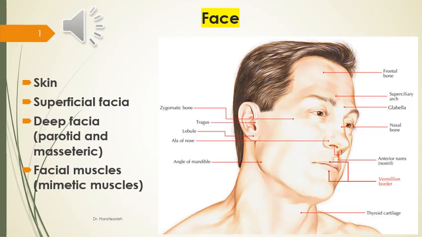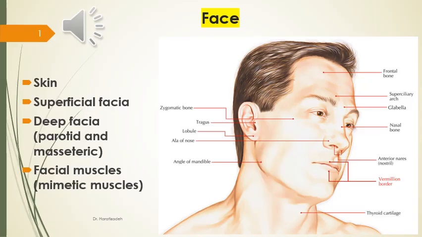At first, we have a skin. When you cut the skin, you have superficial fascia, then deep fascia named parotid and masseteric fascia in the face.